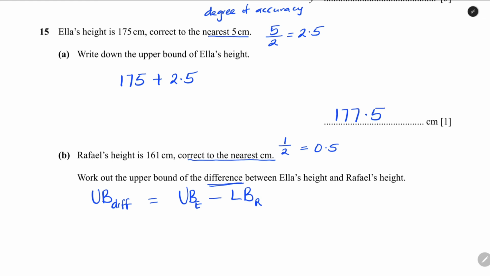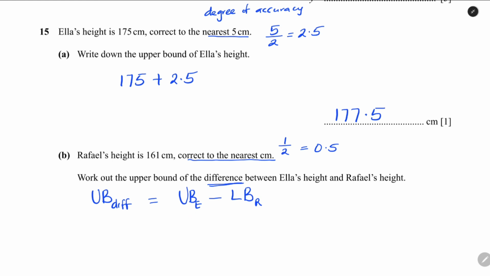That's Raphael's height. Why? We're trying to make the difference as big as possible. So we need to make the first number as big as it can get, while the second number, minimize it, make it as small as it could ever be. That's why we are doing upper bound minus lower bound.